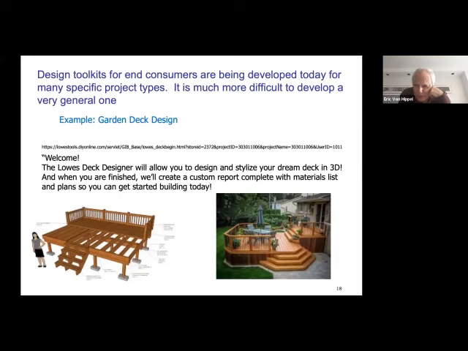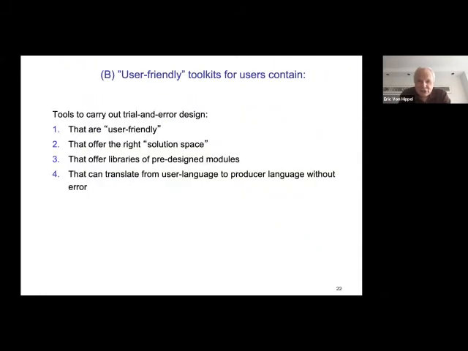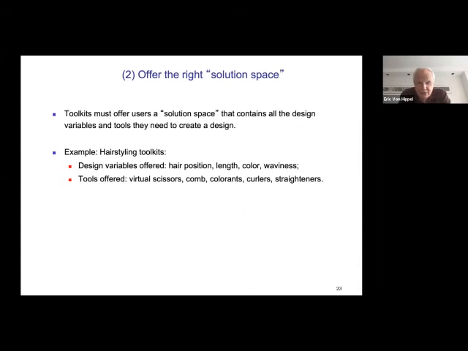With no visible means of support, because that can't be done either. So you need their language, but you have to be able to translate it into manufacturer language. And if it cannot be made, you have to tell the user so as part of the design feedback process, right? So when you're designing an integrated circuit, it will often say to you, no, you can't do that. Namely, the integrated circuits in our fabs cannot run as fast as you want them to run. So you've got to figure out a way to make it different.